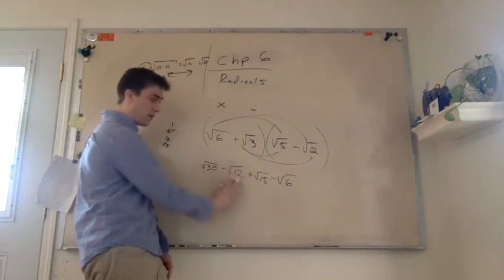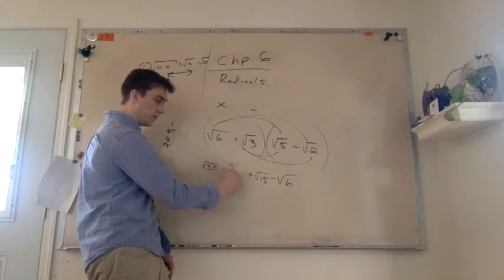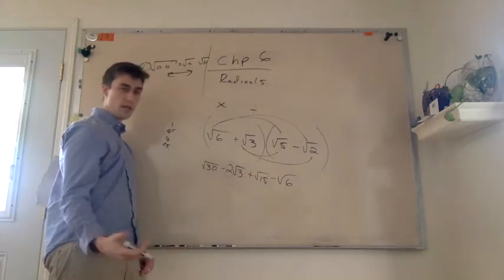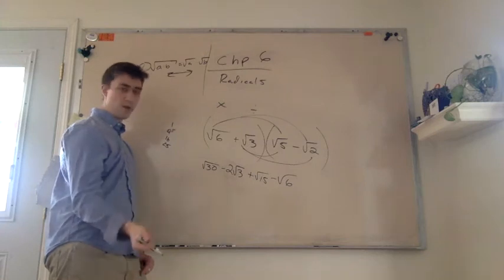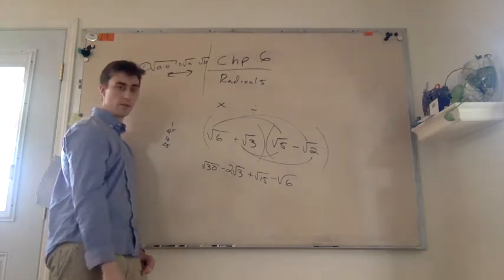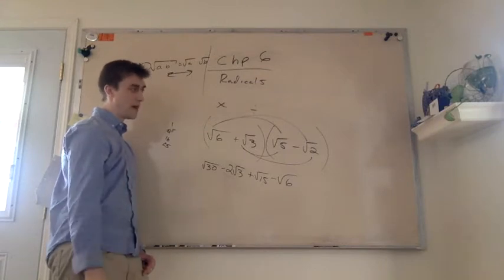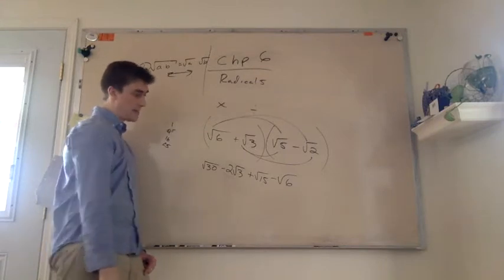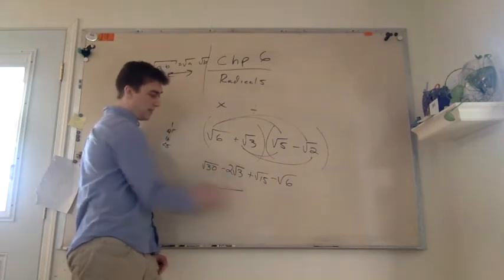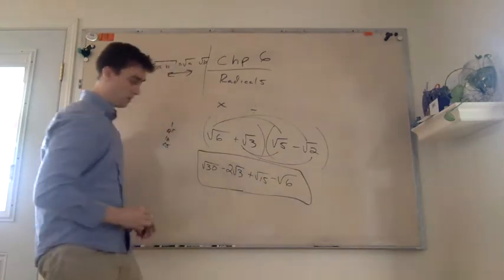The square root of 12 becomes 2 times the square root of 3. Once you've done that enough times, maybe you just memorize that, and anytime you see the square root of 12, it's 2 root 3. If not, then work it out every time. 15 can't be simplified. 6 can't be simplified. So there you go.